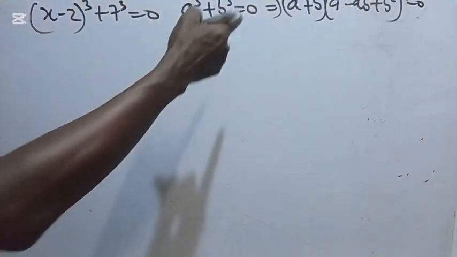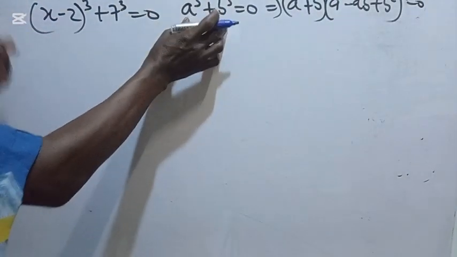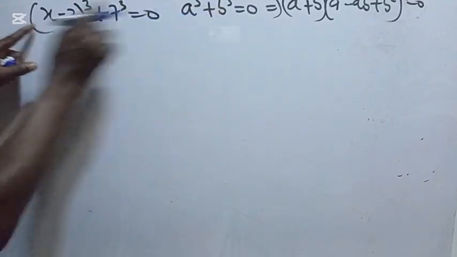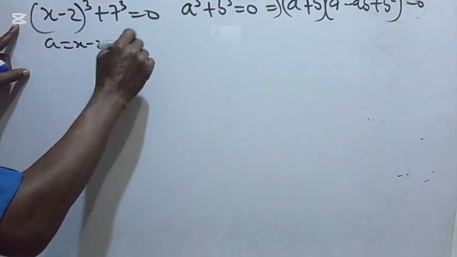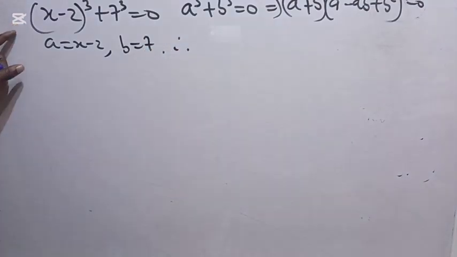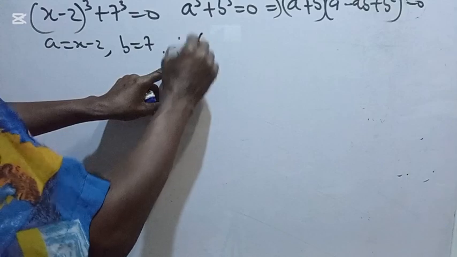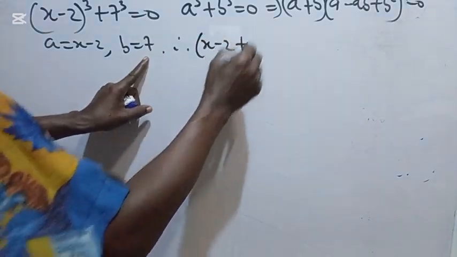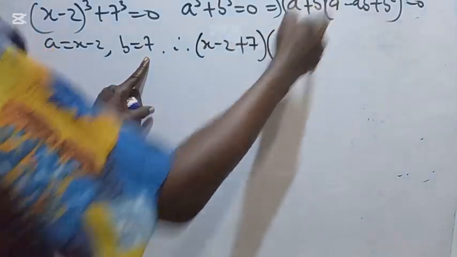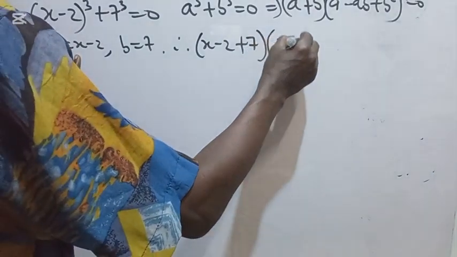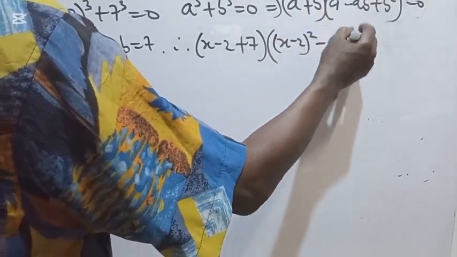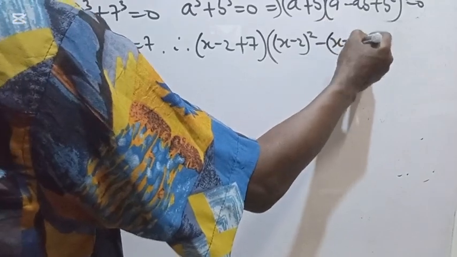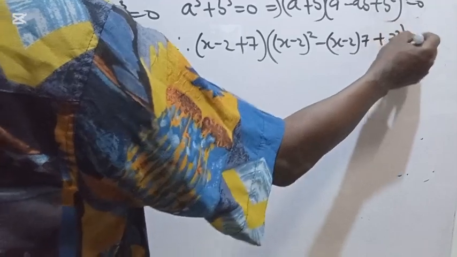Comparing, our a is x minus 2, our b is 7. Therefore, a plus b, that is x minus 2 plus 7, into a squared, (x minus 2) squared, minus a times b, (x minus 2) times 7, then plus 7 squared, equals 0.